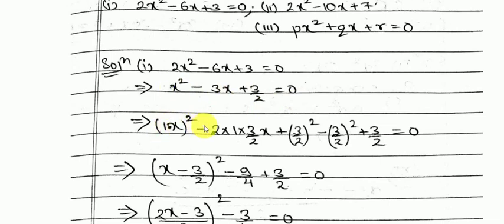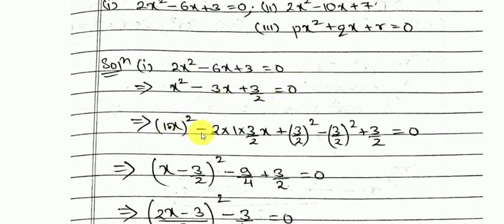We are going to try to write it in the form of (x - something) whole square, plus some number or minus some number.